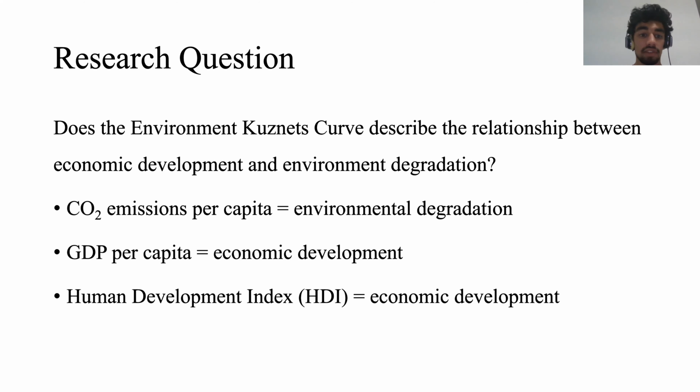As my measure of economic development, I used GDP per capita, once again, because of its availability, and also because, as I mentioned earlier, it is typically a measure of economic development in economic studies looking at the environmental Kuznets curve. In addition to GDP per capita, I also chose to use the Human Development Index, or HDI, as a second measure of economic development.